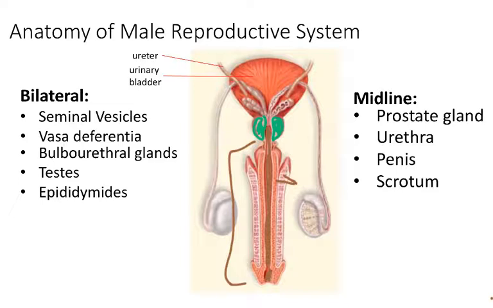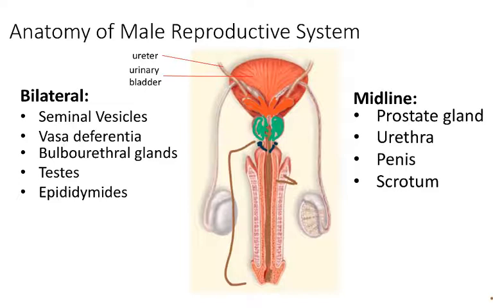So then when we think about the other glands, I showed you the prostate, we've got the two small bulbourethral glands that add a little mucus to semen. The prostate is going to add in alkaline fluid. The seminal vesicles on either side are going to add in seminal fluid, which contains a lot of glucose.